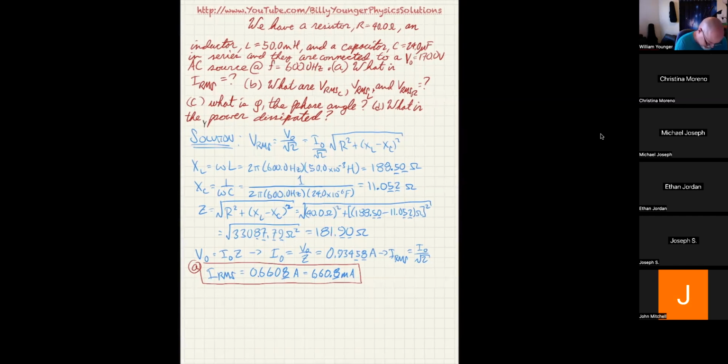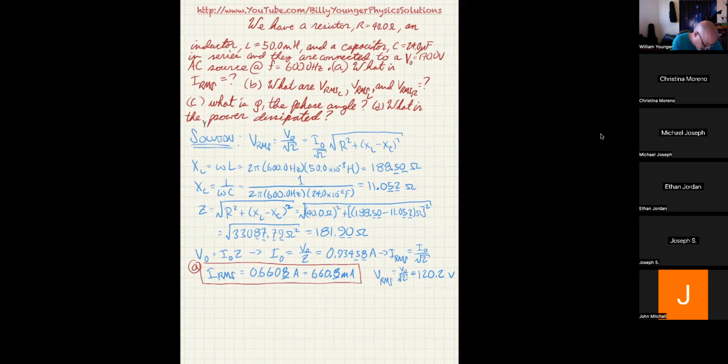VRMS is equal to V0 over the square root of 2, and I think you'll find that's 120. So 170 divided by the square root of 2 gives me 120.2 volts. That'll come in handy, or actually we won't need it now, come to think of it.